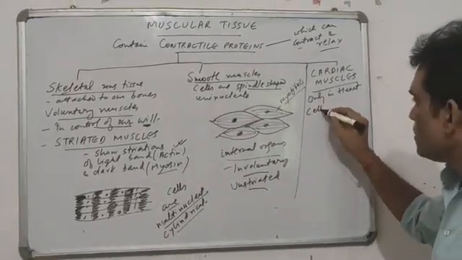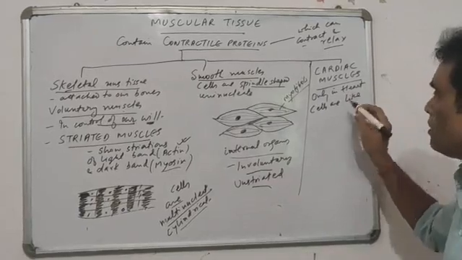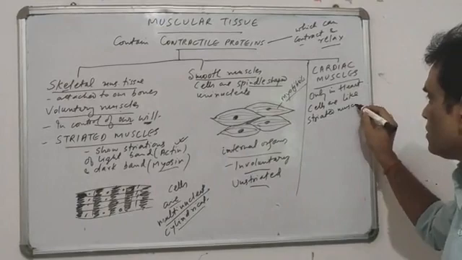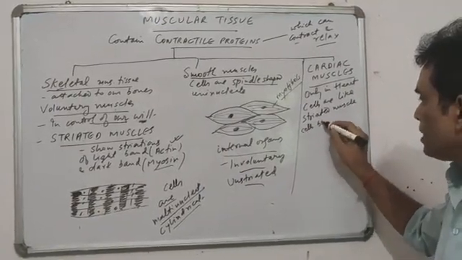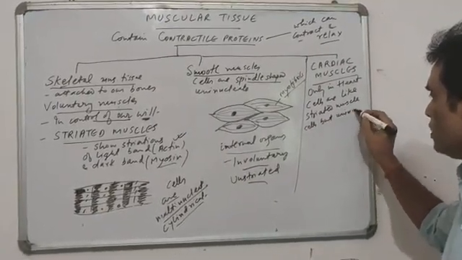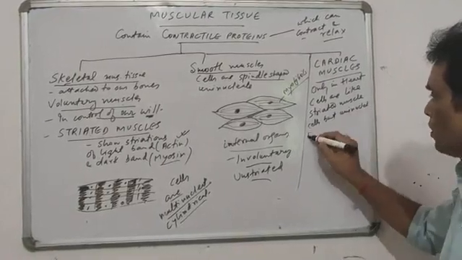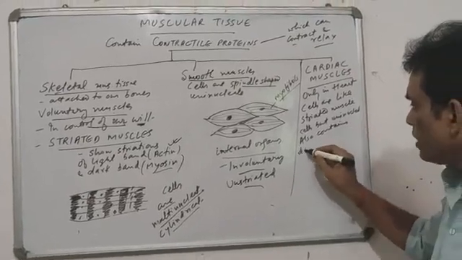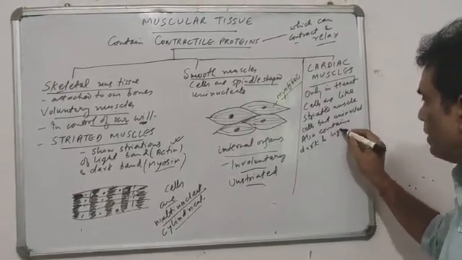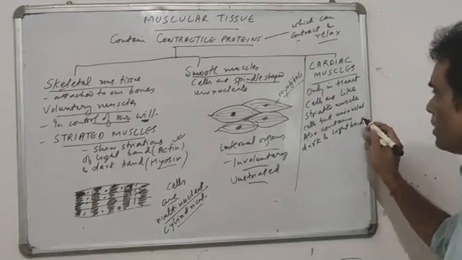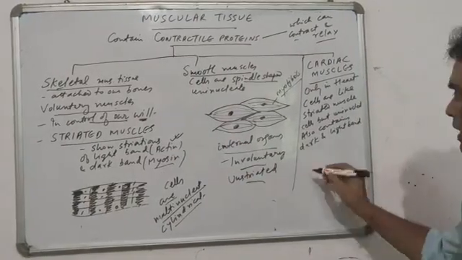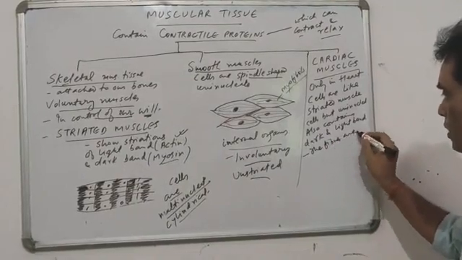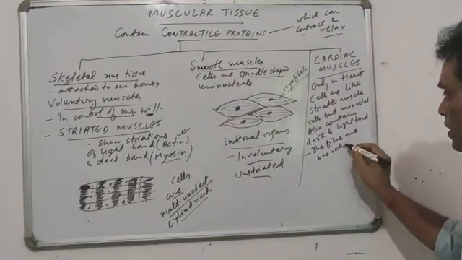The cells are like the striated muscle cells, but they are uninucleate and also contain that dark and light bands. So that is why they are like the skeletal muscles. But one difference is that the fibers are branched.